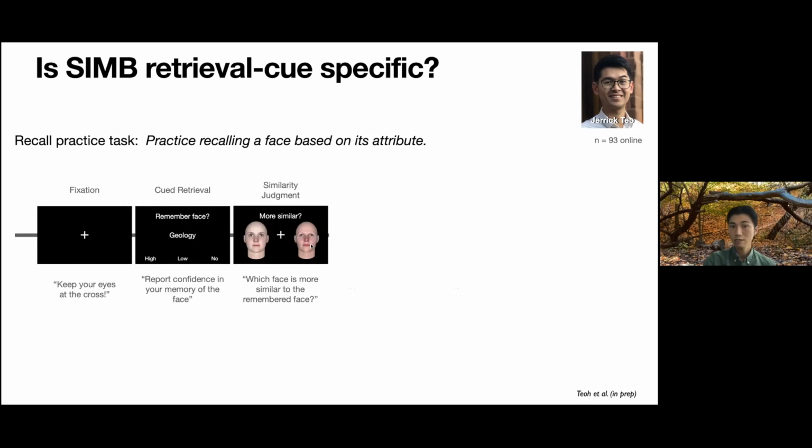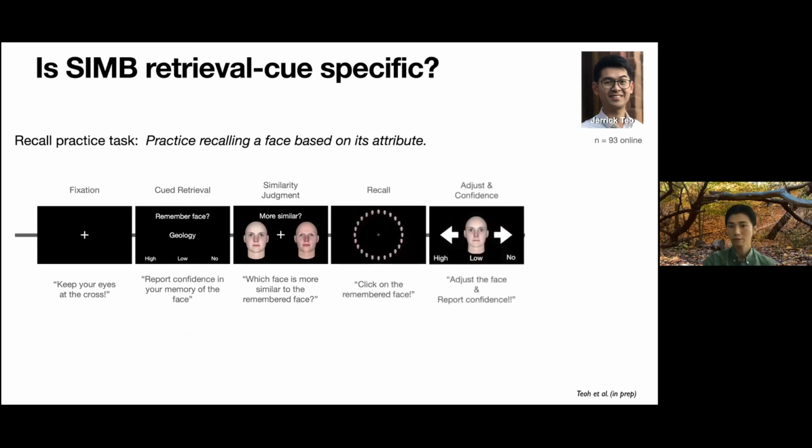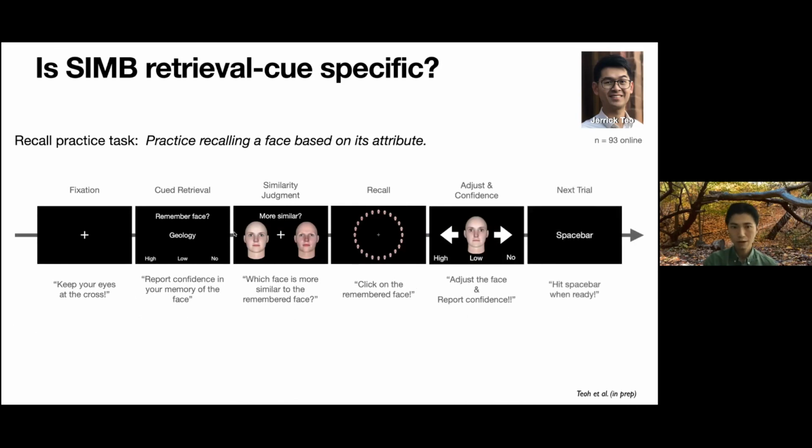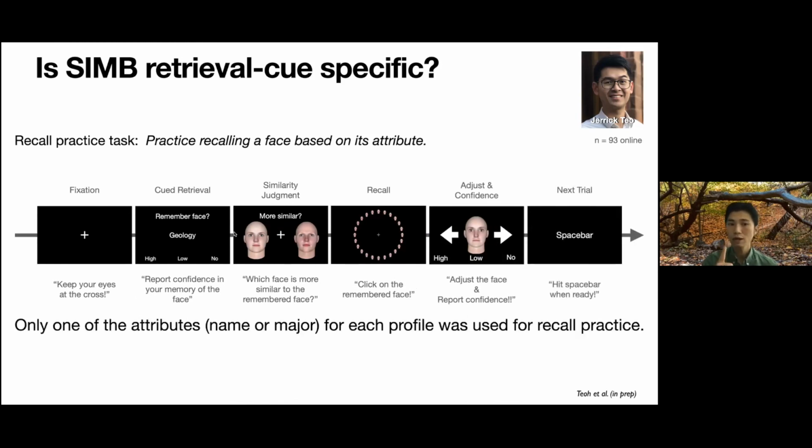Ask which one is more similar to the face that was associated with that attribute. And then they would report that remembered face along with the confidence. Importantly, in this retrieval practice task, we only used one of the attributes for each face, right? Either name or major. This way, we were able to save up the other attribute to test the context generalizability of the SIMB.